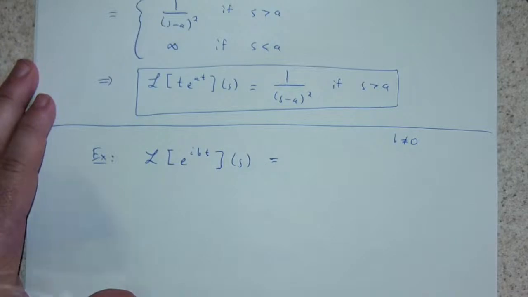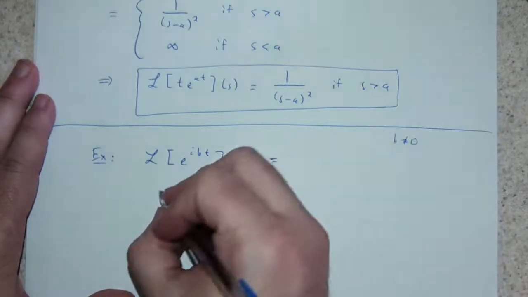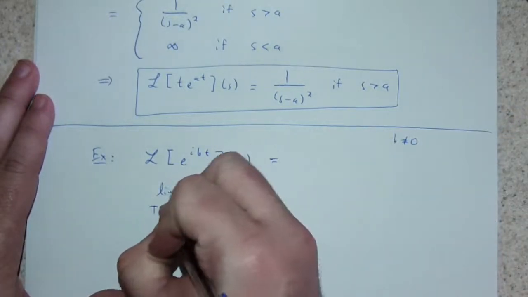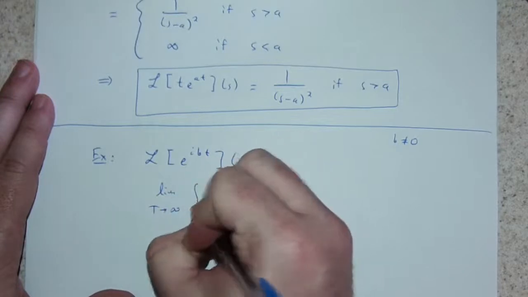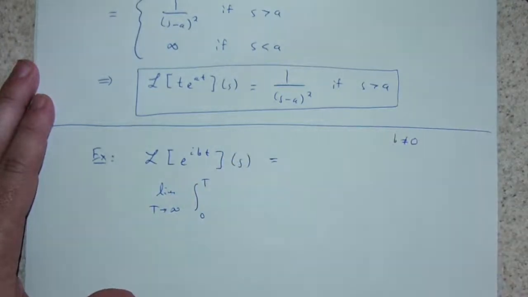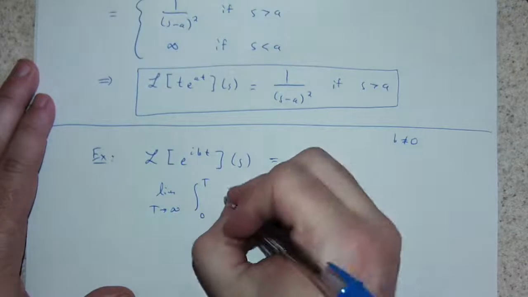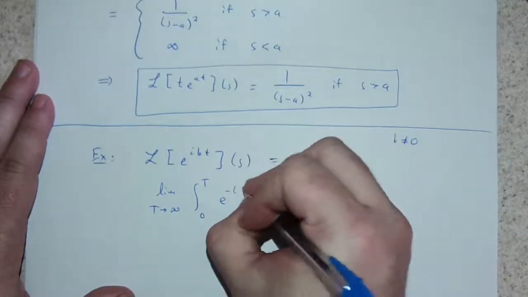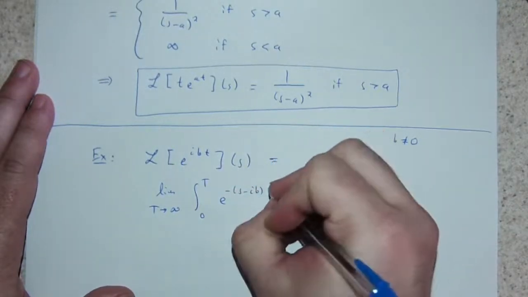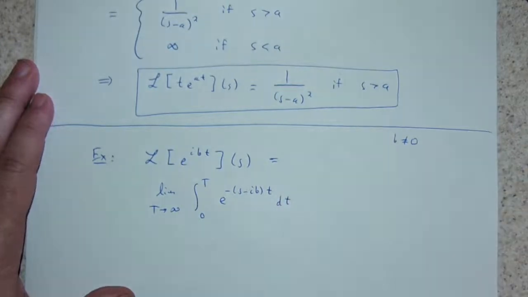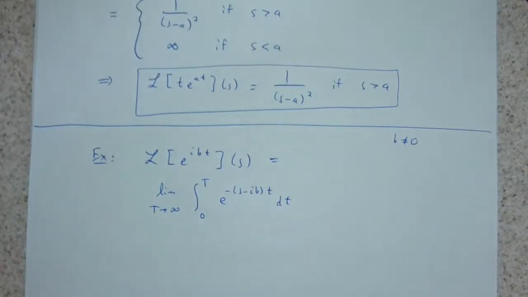So I'll go ahead and write it as the limit. So this is the limit as big T goes to infinity of the integral from 0 to big T of e to the minus s minus ib times t dt, following the computations we did in the last couple of examples.